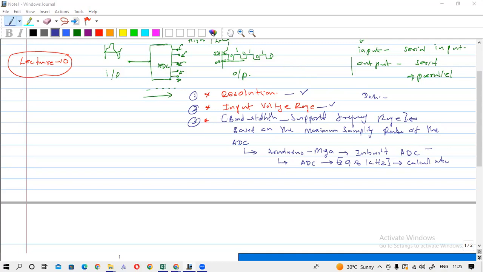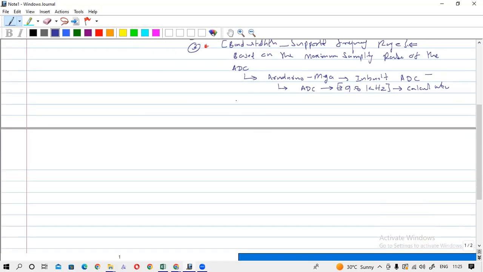But we are mainly focused on these two parameters, resolution and input voltage range. So what is the resolution? Can someone tell? If you have gone through the previous lecture, I think you know the answer for this one.